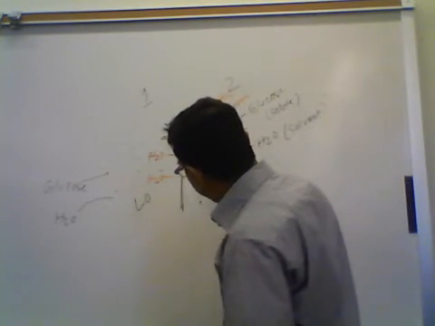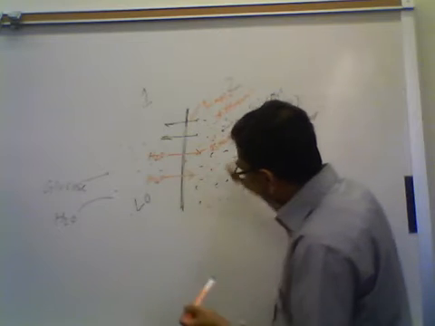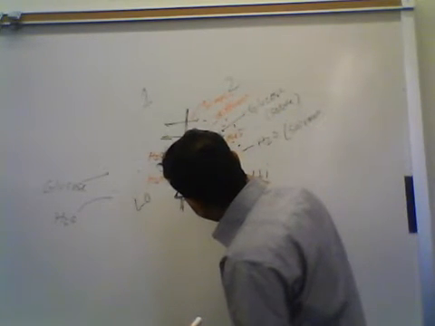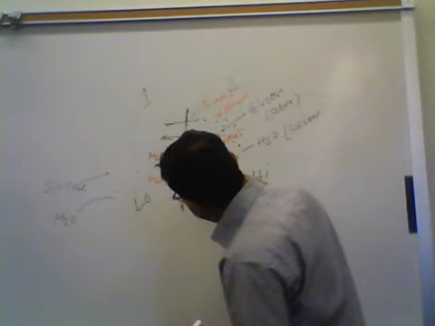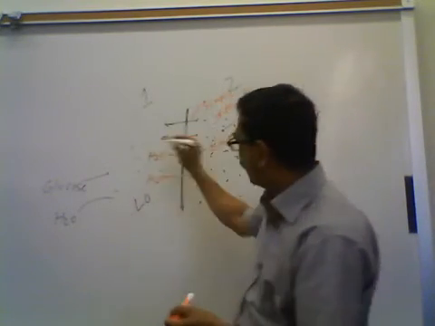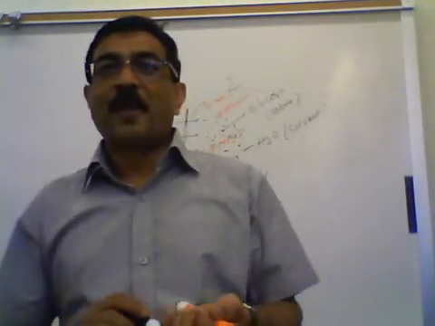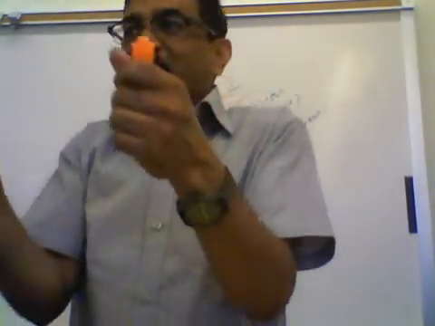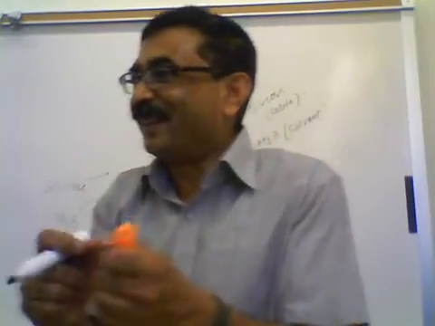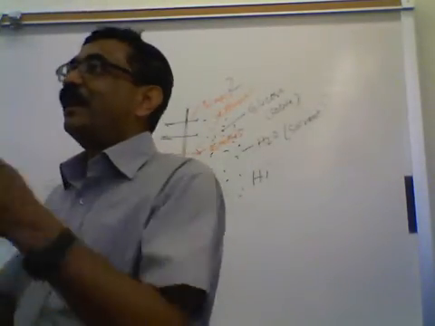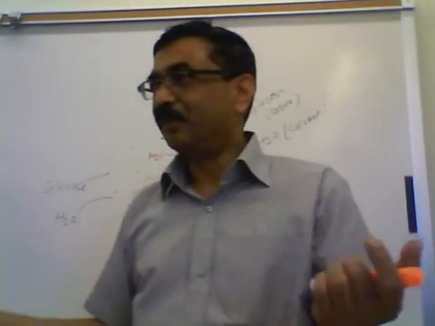What will happen? This glucose will come and get attached to this and will bind with this, and this guy will then take it to the other side. So you are sitting on the shoulder of another person and that person is carrying you. You are not directly going, right? So carrier mediated diffusion.